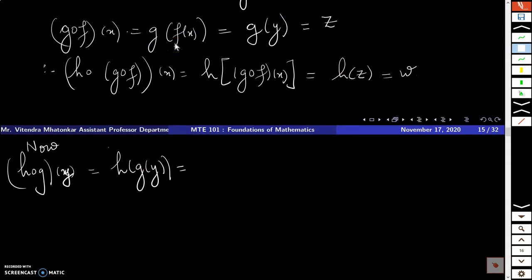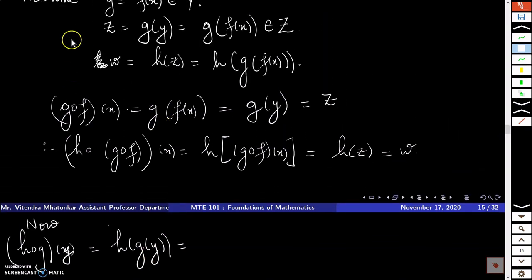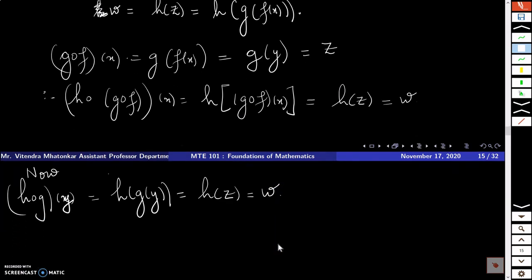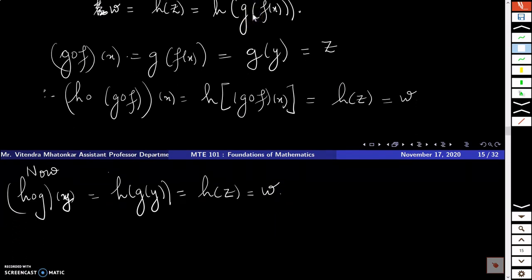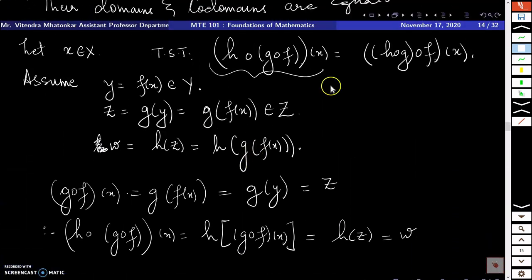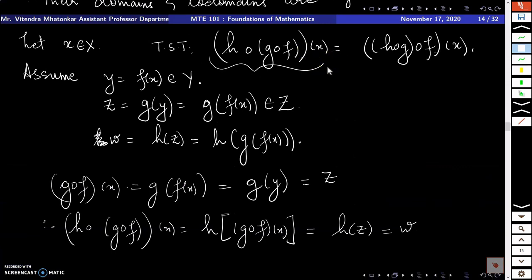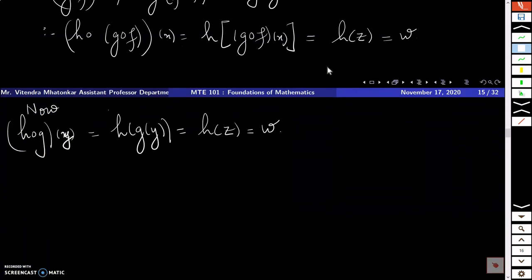If you go back, g of y is nothing but z, so this will be h of z, which is w, right? So that's w, and now I need h composite g composite f to get the right hand side. So let's compose this with f, and that will give me h composite g composite f of x I want to look at.